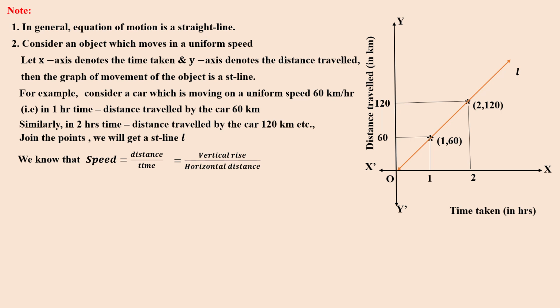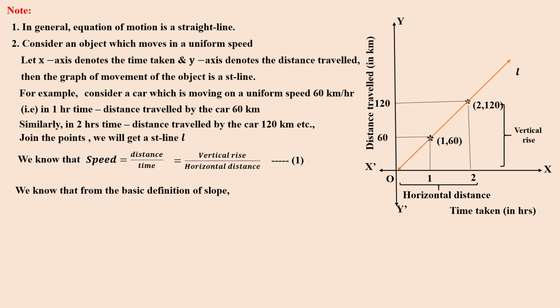And horizontal distance is time, so 1 hour from the origin, 0 to 1, 0 to 2, 2 hours. This is vertical rise, this is horizontal distance. We know from the basic definition of slope, slope is nothing but vertical rise by horizontal distance. We know that is 2 from 1 and 2. So uniform speed is nothing but the slope. The speed is uniform, noted, right?